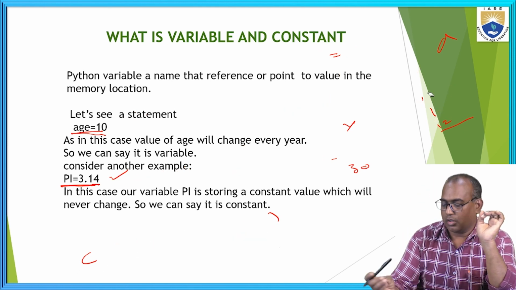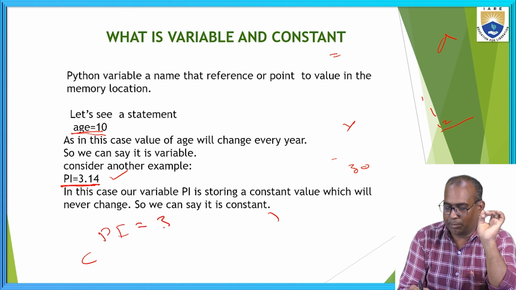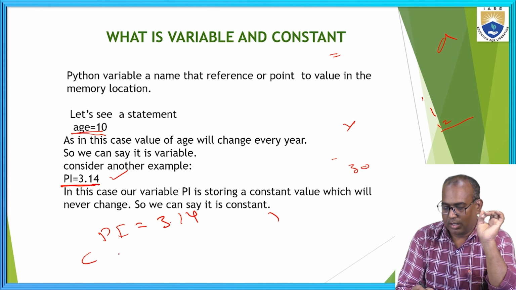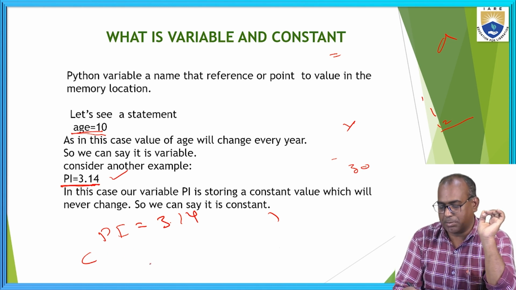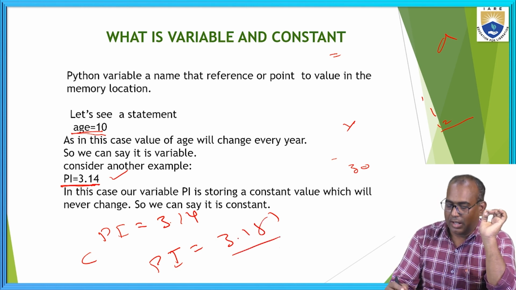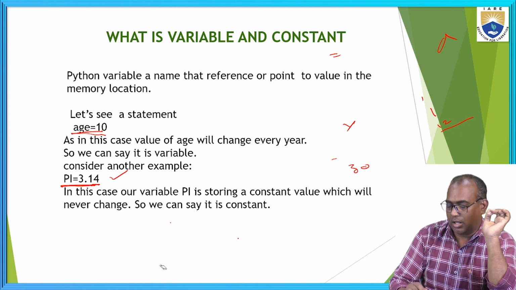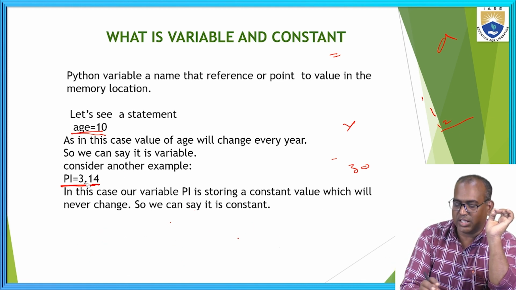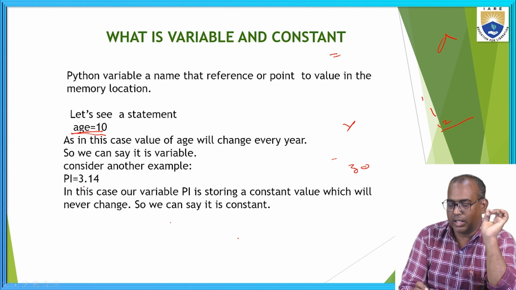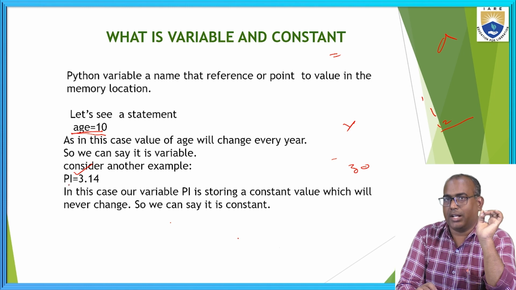Suppose here I am writing PI equal to 3.14. After 10 statements, PI equal to 3.15. We can change this value, but here I am showing my intention that this PI is a constant by writing all letters in capital letters.